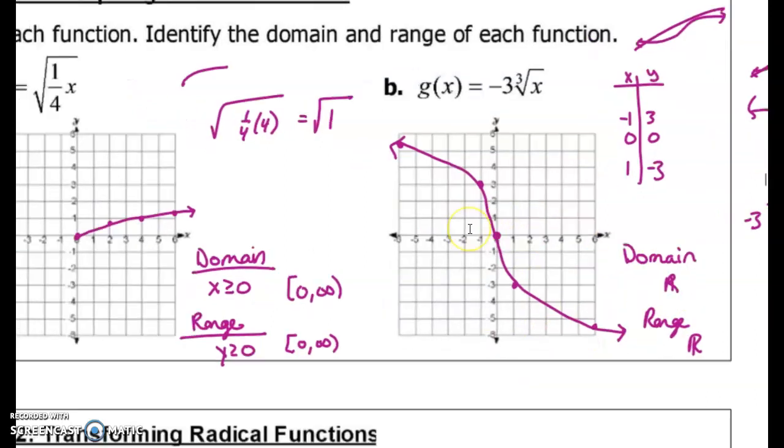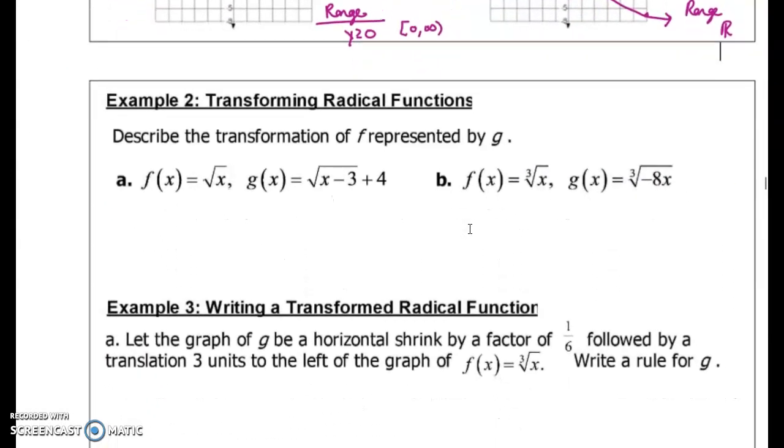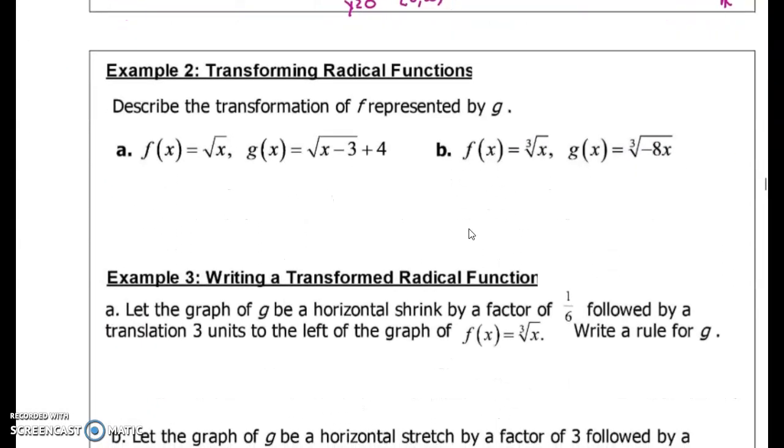Okay. Now we're going to look at transformations of radical functions. So it says describe the transformation of f represented by g. And remember that we want to list our order in horizontal translations, stretches and shrinks, both vertical and horizontal, reflections, and then vertical translations. So horizontal translations.